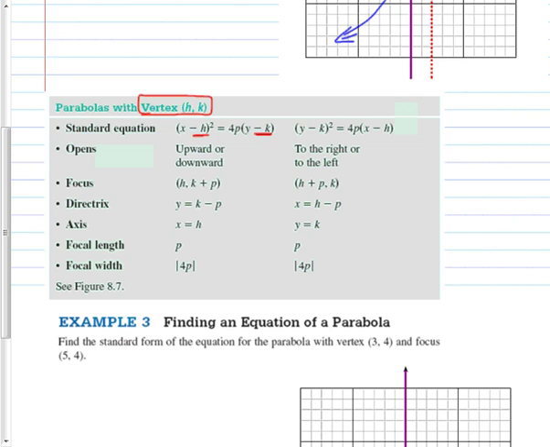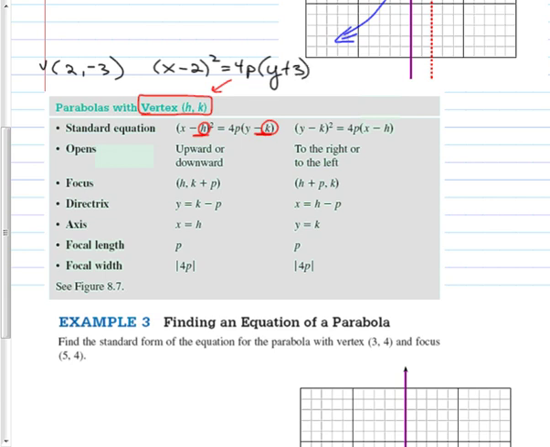Here's what you do. When h, k is the vertex, notice it is the opposite of h, the opposite of k. Let me put some numbers. So if my vertex is at 2, -3, my equation, I'll just say it's this first one, (x minus 2) quantity squared equals 4p, I don't know what p is, (y plus 3).